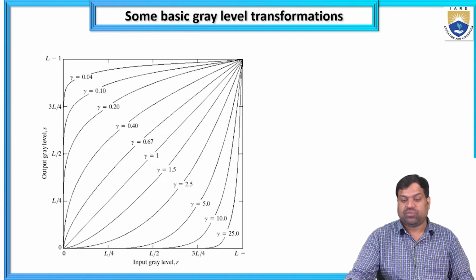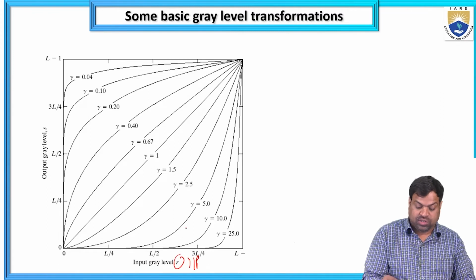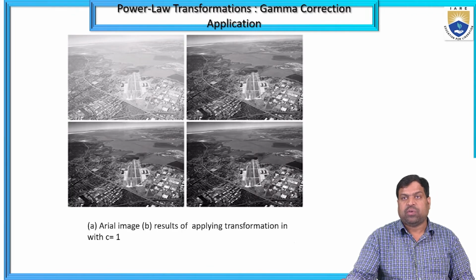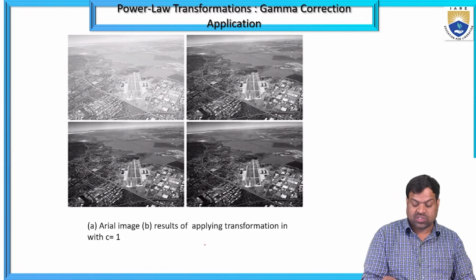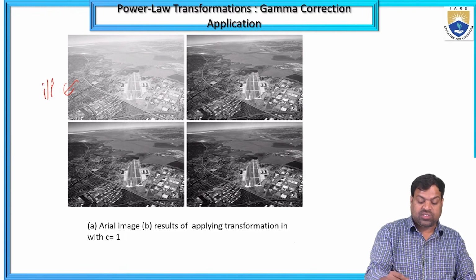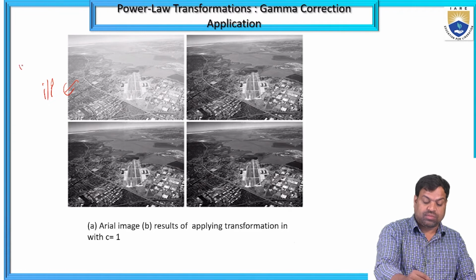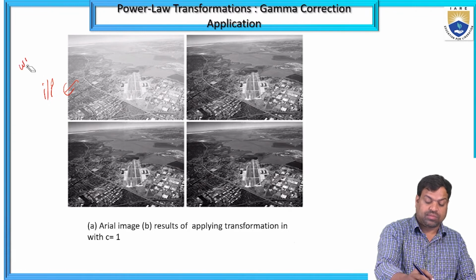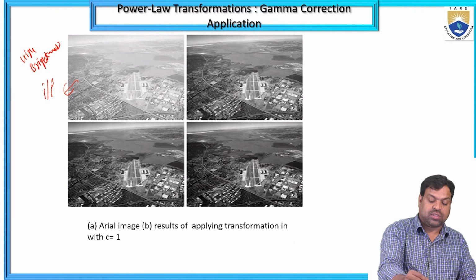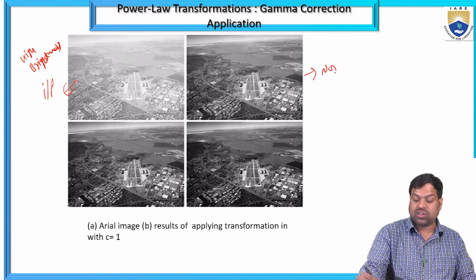And here is another example, where R equals input and S equals output, so inputs and outputs are in the form of gray levels. So the power law transformation, gamma correction applications. The aerial view of this image has high brightness, so we are converting it to normal brightness.